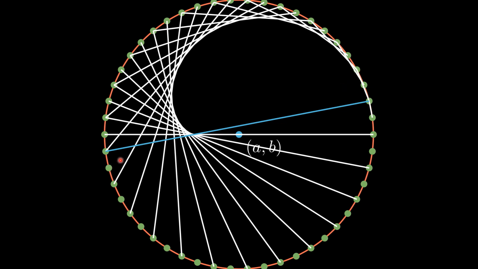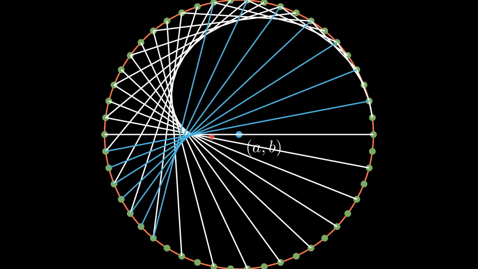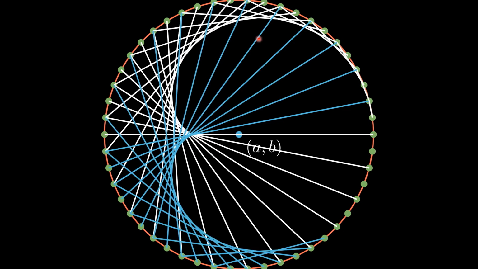And we've colored these blue just to give the distinction. So from half plus 1 all the way, you see where these lines cross each other, it creates an envelope, and that envelope is a cardioid.